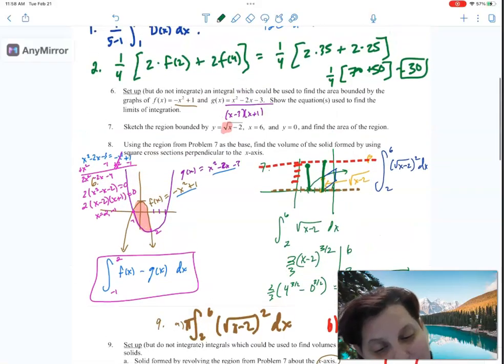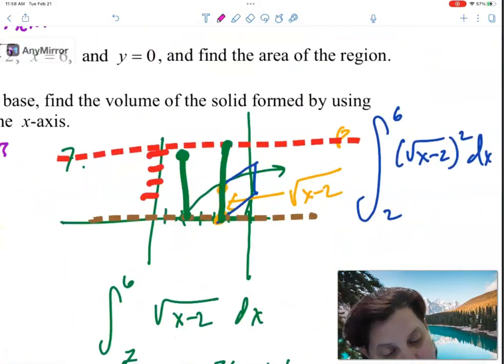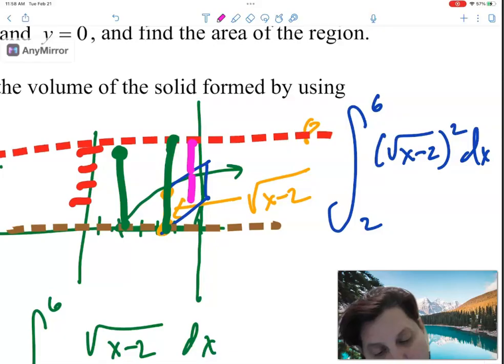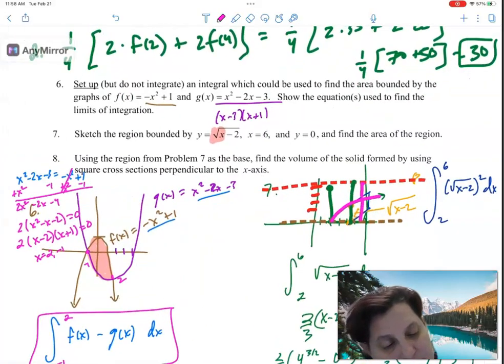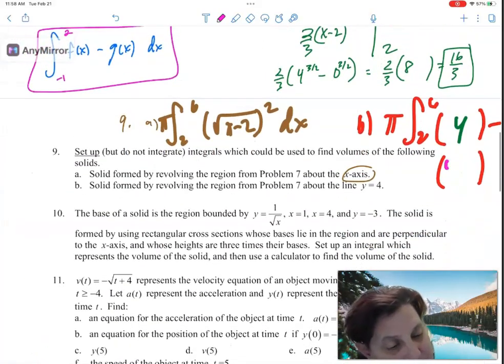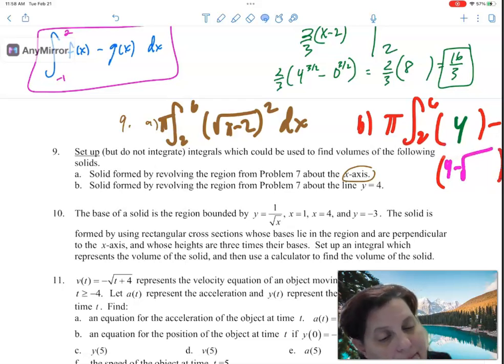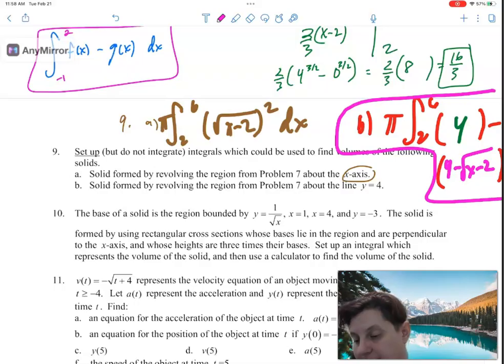My inner radius is 4 minus whatever that was, so my inner radius is 4 minus the square root of x minus 2. Whoops, and I forgot something. Did you guys notice what I forgot? Squared. Both of those are squared.